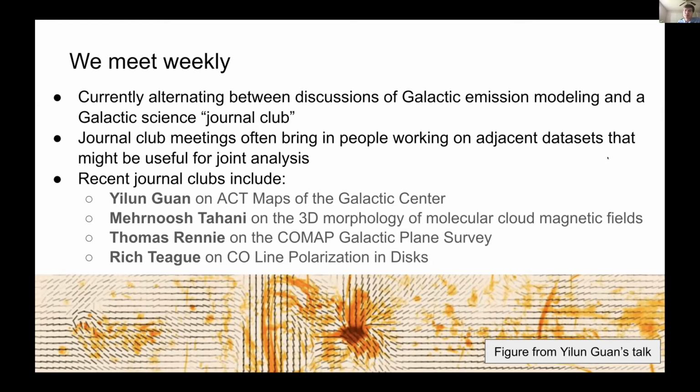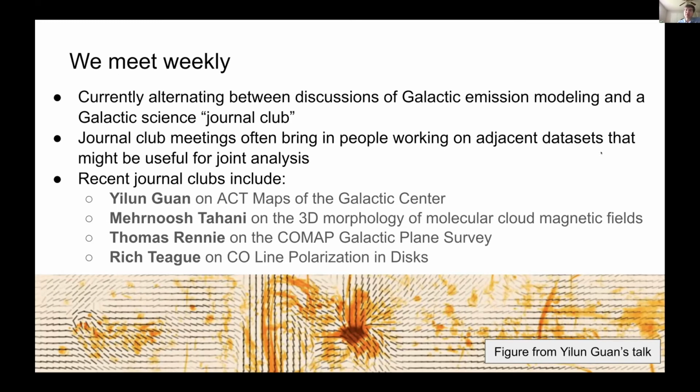The ACT maps of the Galactic Center from Yuan Guan. Ranush Tahani came and talked about the 3D modeling of magnetic fields and molecular clouds. Thomas Rennie gave us an overview of the CO map galactic plane survey. Rich T came in and talked about CO line polarization and disks.